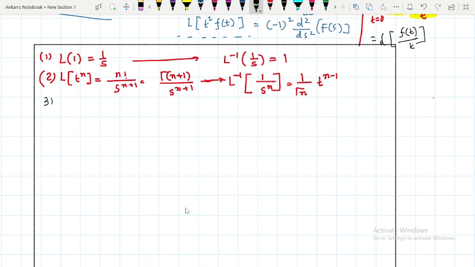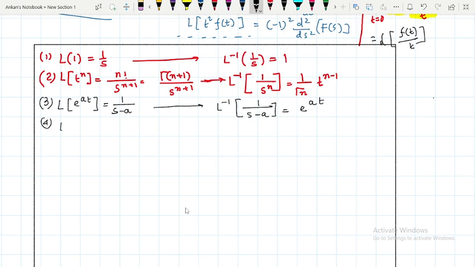The next one we have discussed: Laplace transform of e^(at) is 1 by s minus a. So you can easily say inverse Laplace of 1 by s minus a is e^(at).